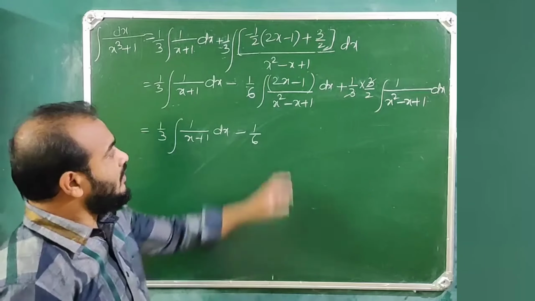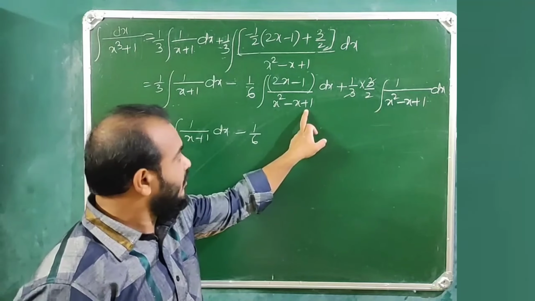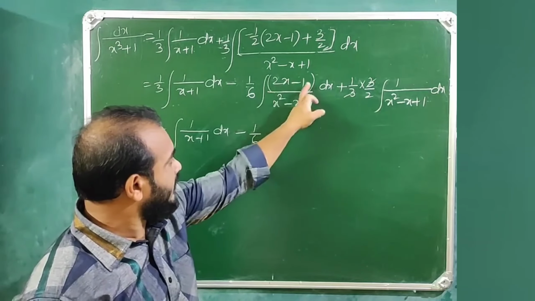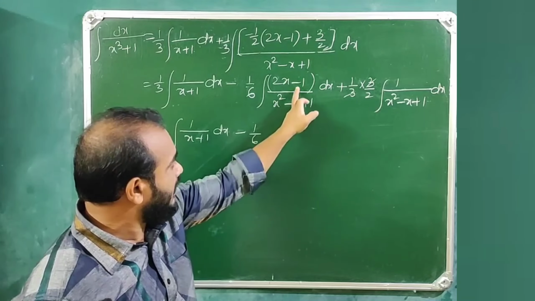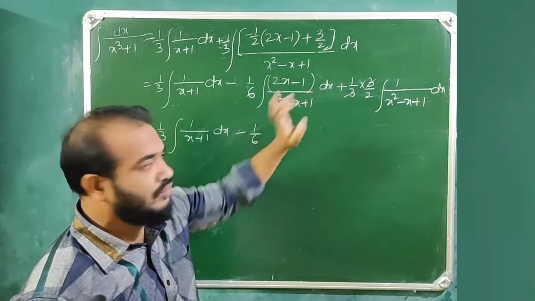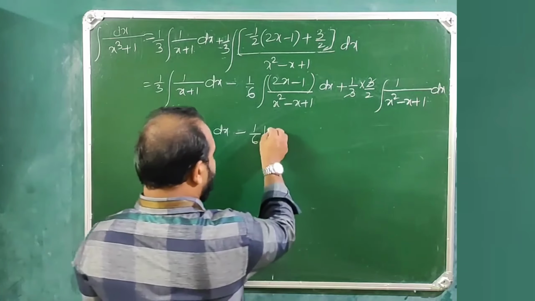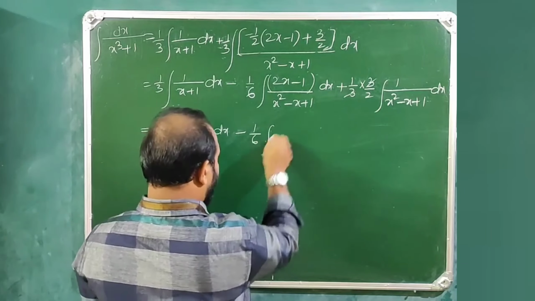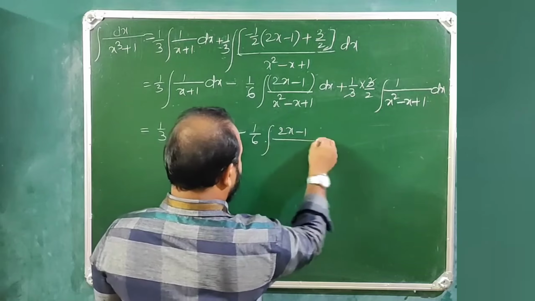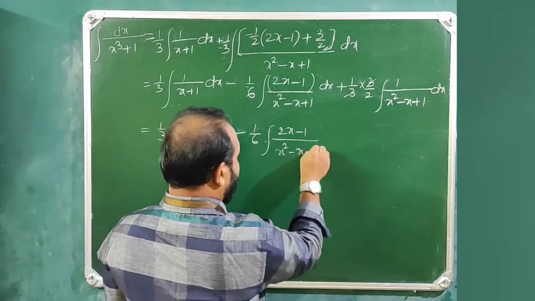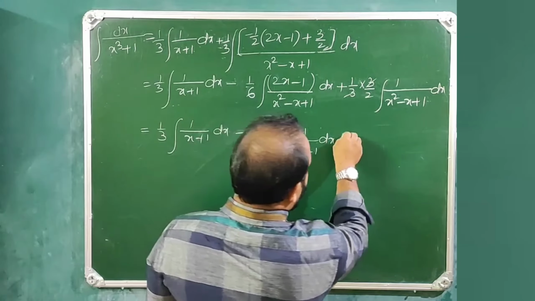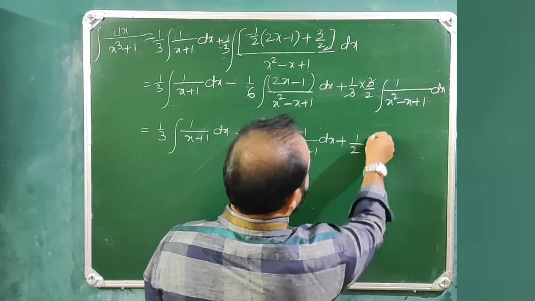The derivative of x square minus x plus 1 is 2x minus 1: x square's derivative is 2x, minus x's derivative is 1, and 1's derivative is 0. So this is of the form f dash x by f of x, which is log mod f of x. So let us write that step also once, x square minus x plus 1 dx, plus 1 by 2.